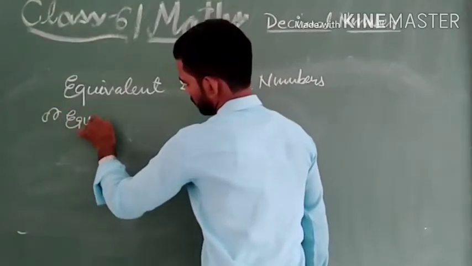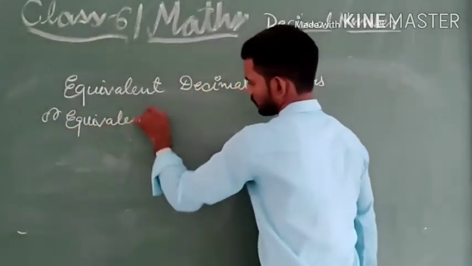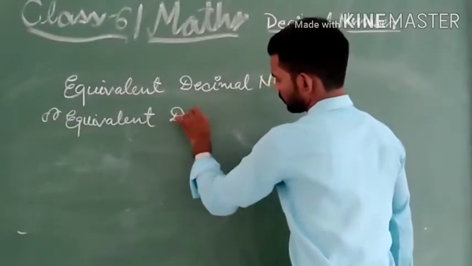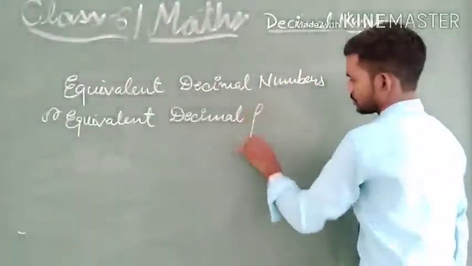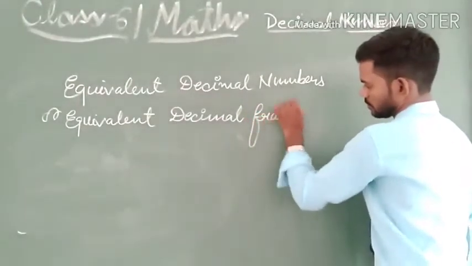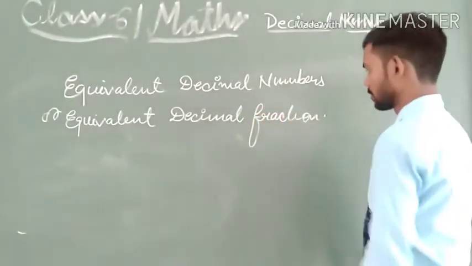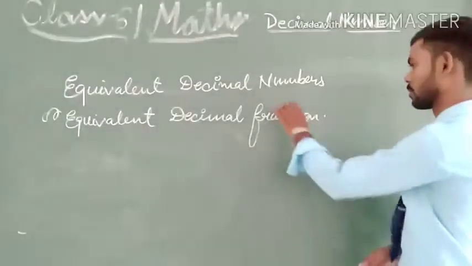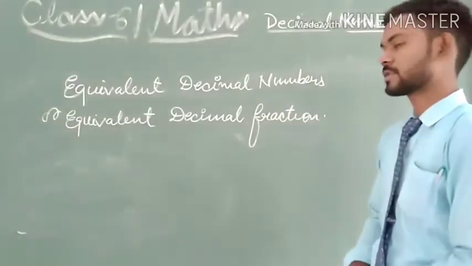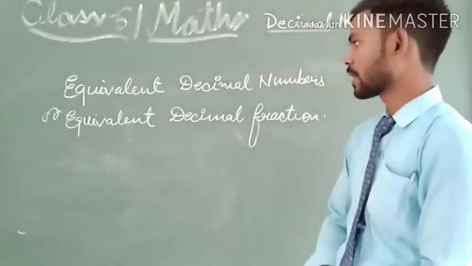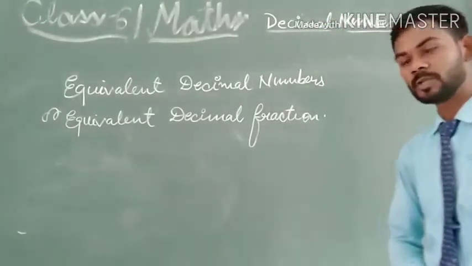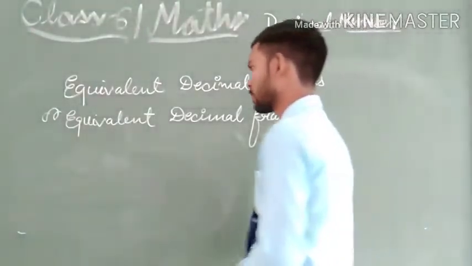Equivalent decimal fraction. Decimal numbers are also known as decimal fractions. So in order to get an idea about the equivalency of decimal numbers, we start from the decimal fraction.